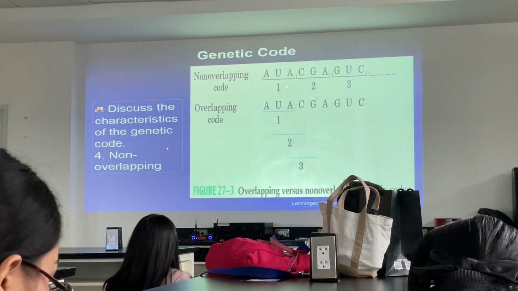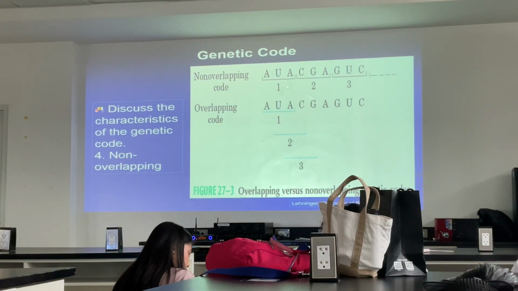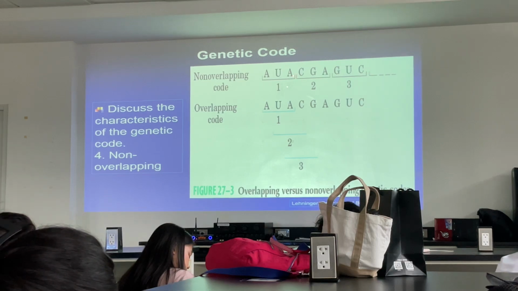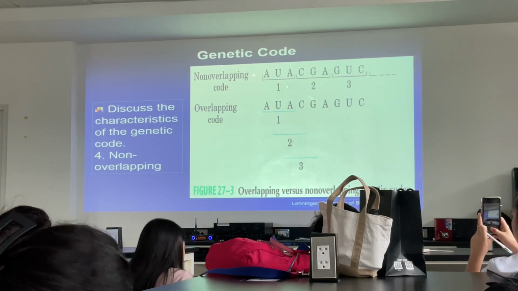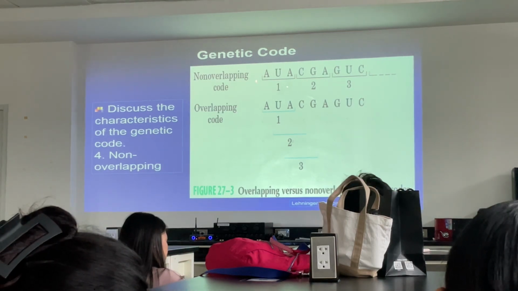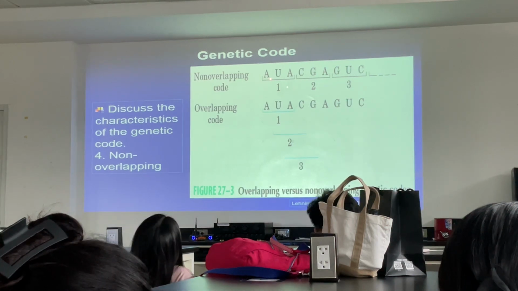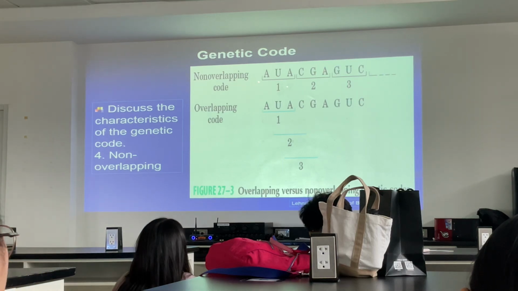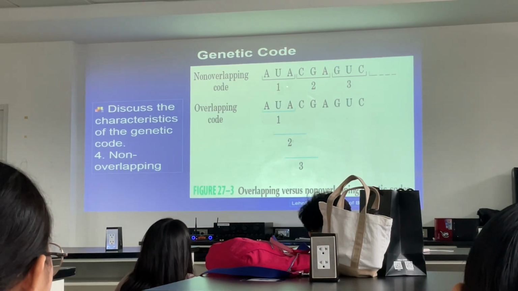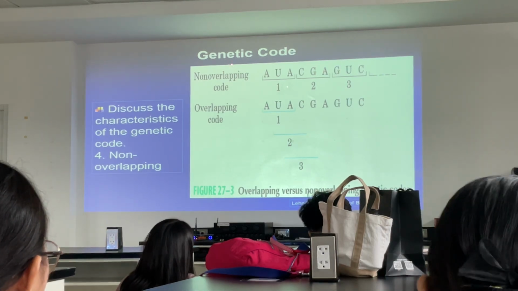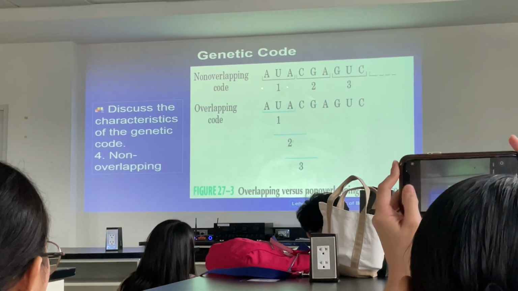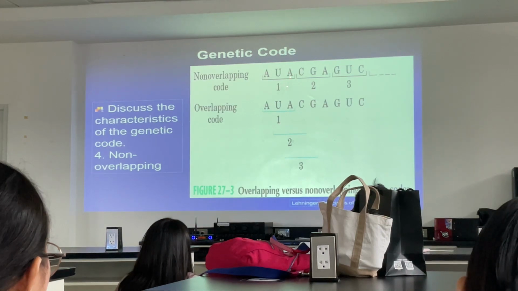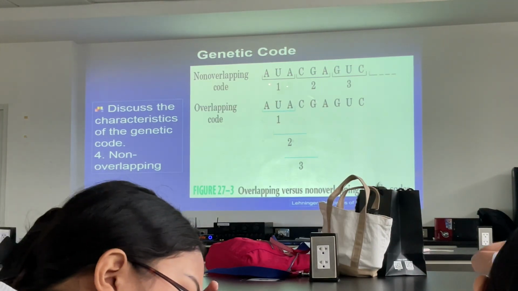Number 4, non-overlapping. So for example, this is now the mRNA, and usually the first will be AUG because that is the initiation codon. So when the ribosome moves over the mRNA molecule, then it will move reading codons in sets of 3 nucleotides.